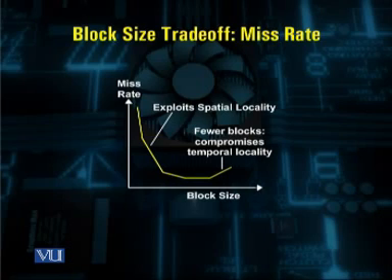Here you can see that if the block size is too big relative to the cache size, then the miss rate will once again go up, because in this particular case there will be too few cache blocks available and it cannot hold different types of data or instructions.